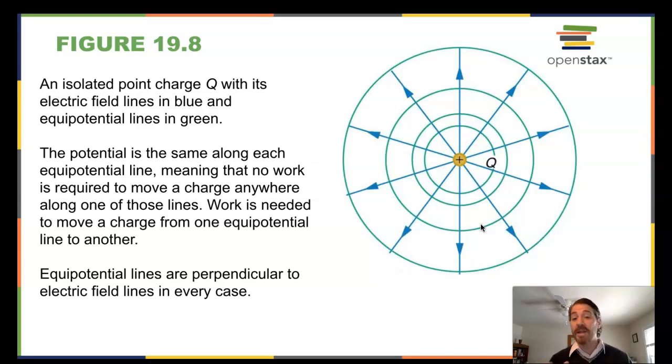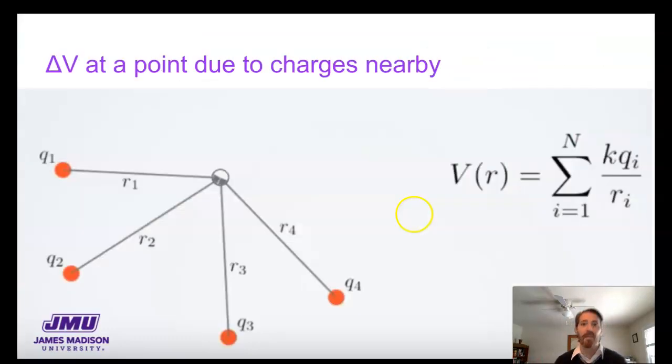So on a hike along that line, you would not change your altitude at all. Similarly, as you trace the equipotential line along here, no work is needed to be done. You're not increasing or decreasing the potential energy of your charged object that might be placed here.